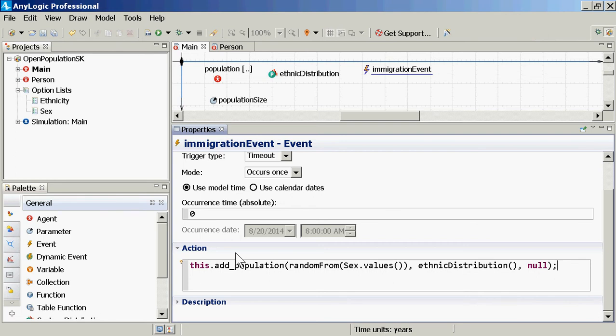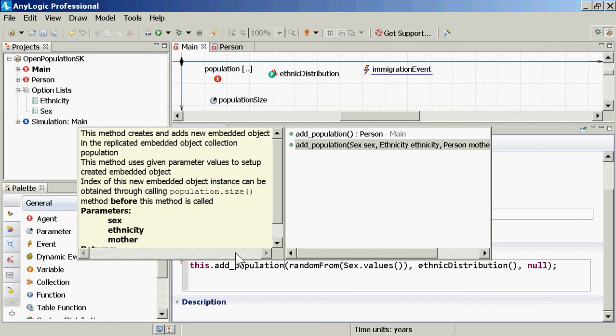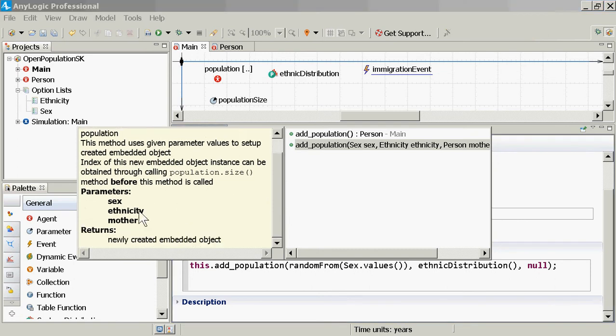Okay, question or TA? Yeah, sure. Isn't this redundant here, and also do sex, ethnicity, and mother have to be in the same order as you define them? Yes, they have to be in the same order. It tells us the order that it wants. So it says here you have to provide them in this order, and it actually specifies again what order.